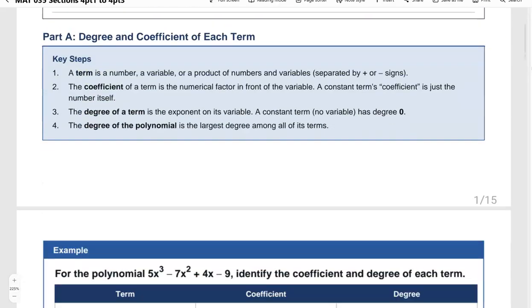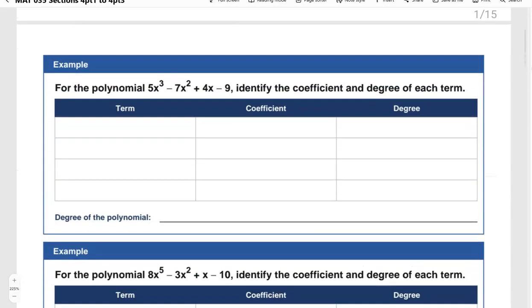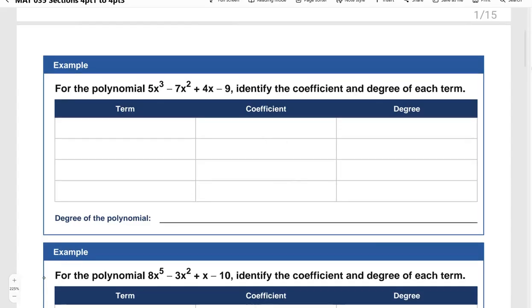So let's look at a few examples. So we have a polynomial, 5x cubed minus 7x squared plus 4x minus 9. It's a polynomial. All my exponents are positive whole numbers. The exponent on that x is understood to be a 1. And that minus 9 we could think about as minus 9x to the 0, because remember we said x to the 0 is really 1.